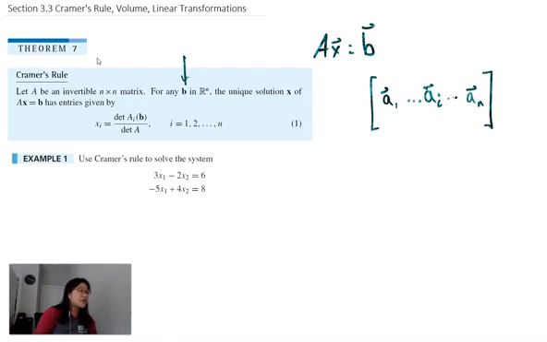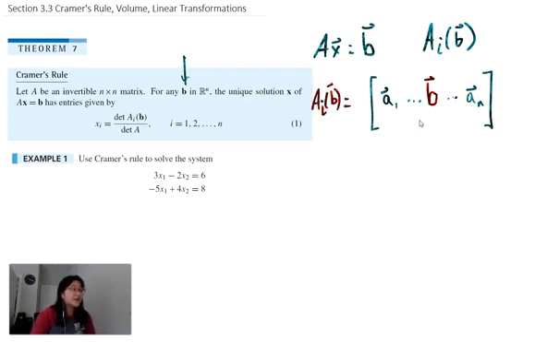And so the determinant of A sub I of B: we take the ith column of A and replace it with B, and this is the matrix A sub I of B. You take the determinant of that and divide it by the determinant of your n by n matrix A, and you can calculate all the solutions x for this matrix equation. So there's yet another way to find your solution.